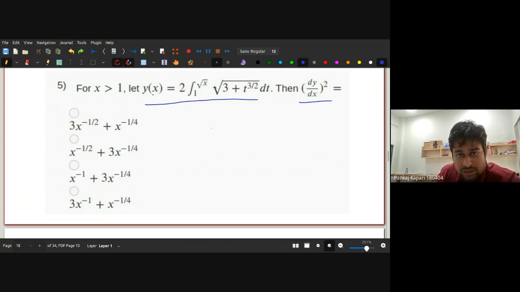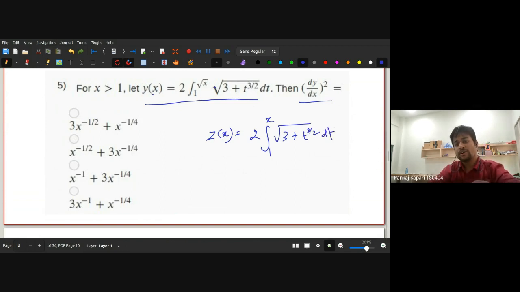Let me define something like this. Let's write z1(x), the integral from 1 to x of under root of 3 plus t to the power 3/2 dt.